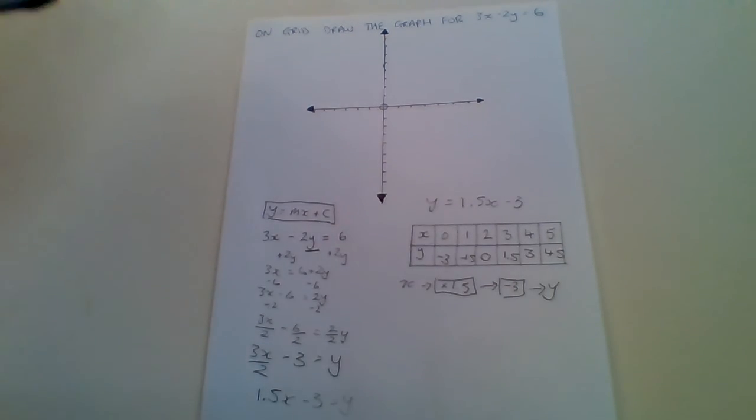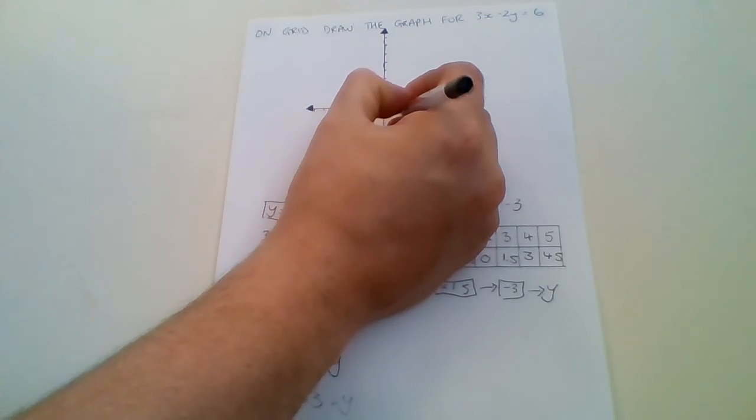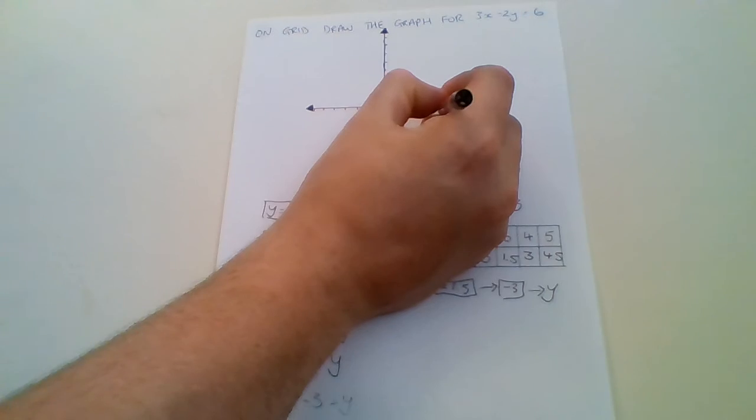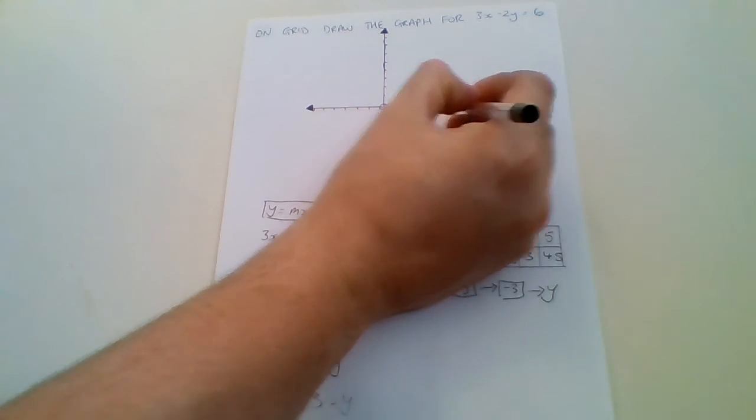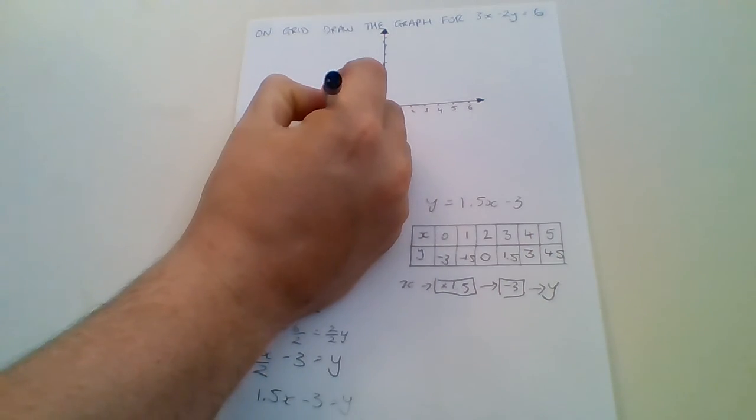Okay, so now I've got my table of values. I want to plot them on the graph. So again, my graph hasn't got any values or scale. So I'm going up to 5. So I've decided to use the scale of 1 on my x-axis, which I'm going to put on now.